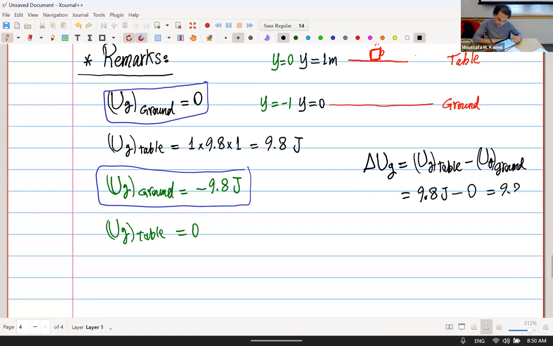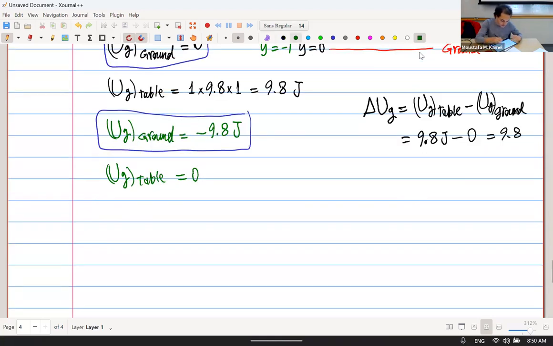So this is 9.8. And in the second case, we had the table being 0 and the ground being negative 9.8. So still we get the same number, positive 9.8 joules. So the whole point of this discussion is to convince you that potential energy at a point by itself is not meaningful. We need to talk about the difference in potential energy between 2 points, okay?